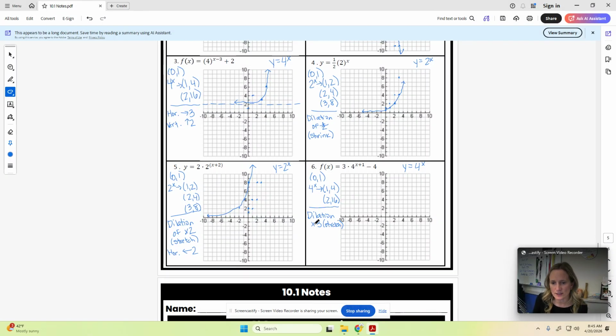We have a plus 1 in our exponent, so that is a horizontal shift in the negative direction of 1. And we have a minus 4 on the end, so that is a vertical shift down 4. This means my asymptote is also going to be going down 4.